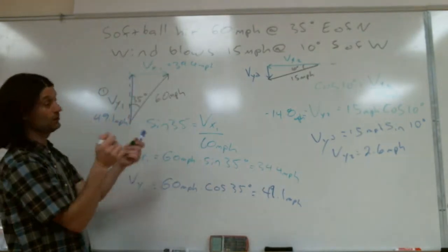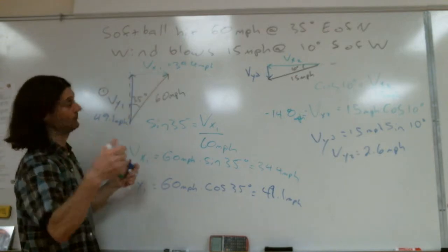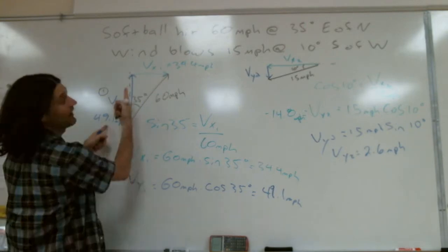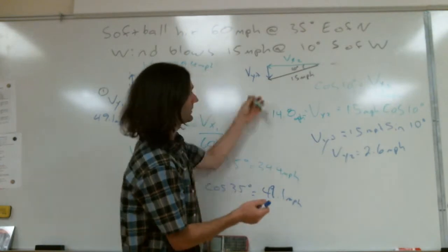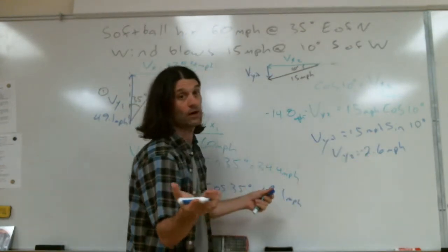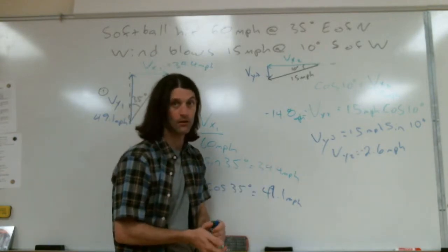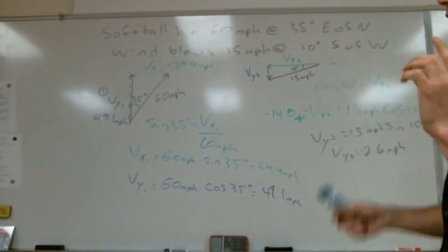And the same thing with the blue arrows, because this y is straight up, that's 49.1 miles per hour in the positive y, and then in the negative y, 2.6. So since this one's pointing down, when we push the plus button for the y's, those will clearly be subtracted as well. All right, so then what we're ready to do is Pythagorean.